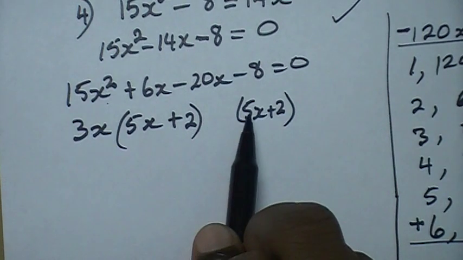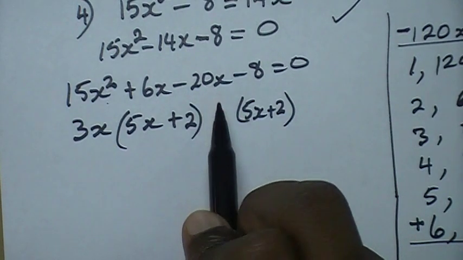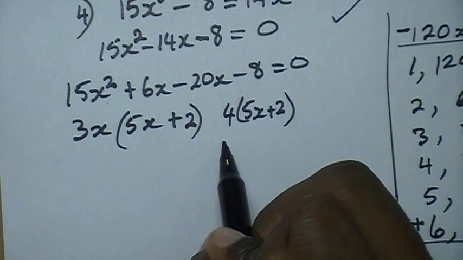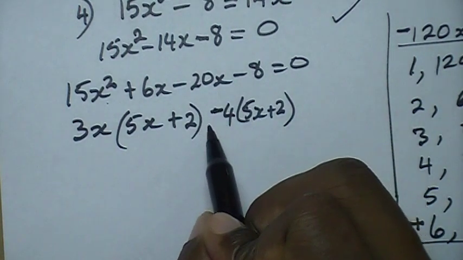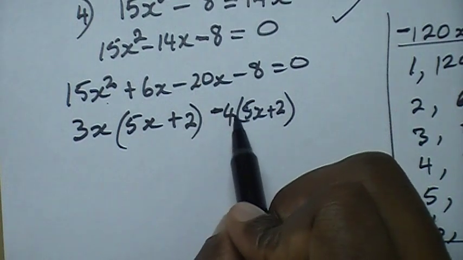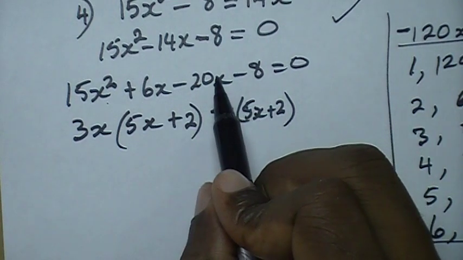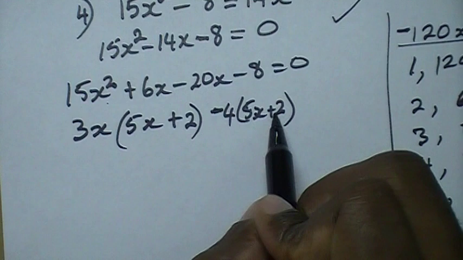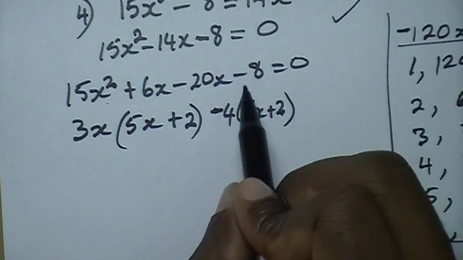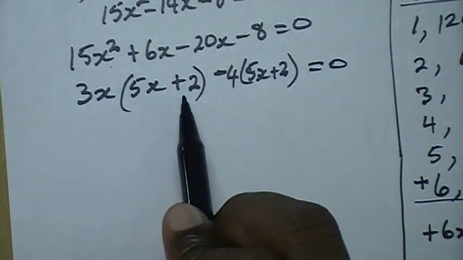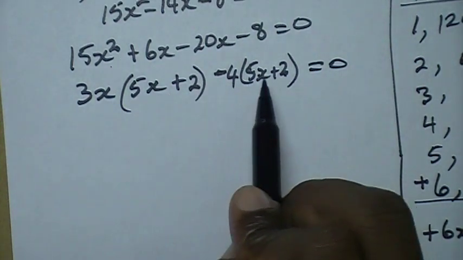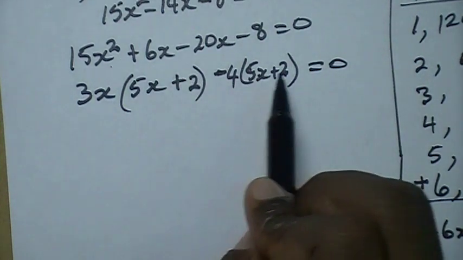What number will we multiply by 5x to give us negative 20x? Well, it must be 4 first of all, to give us 20. And it's negative, so this is positive, so this must be negative, unlike signs, to give us negative. Negative 4 times 5x gives us this one. Negative 4 times positive 2, unlike signs, gives us negative 8. So that works.